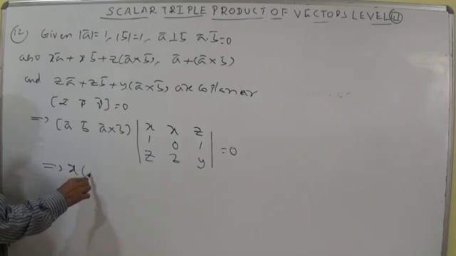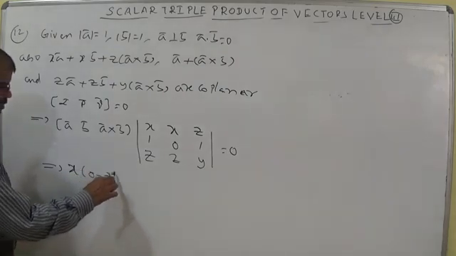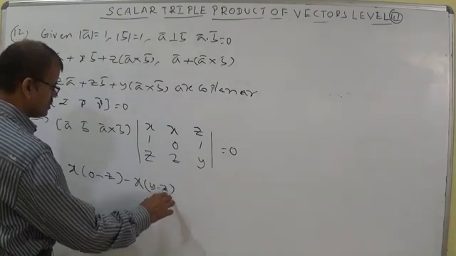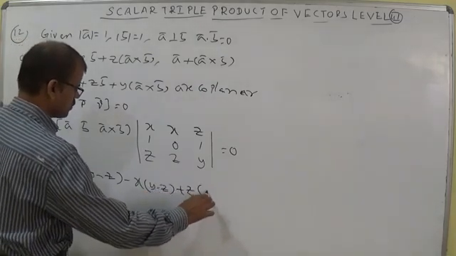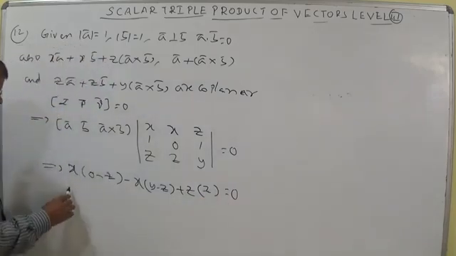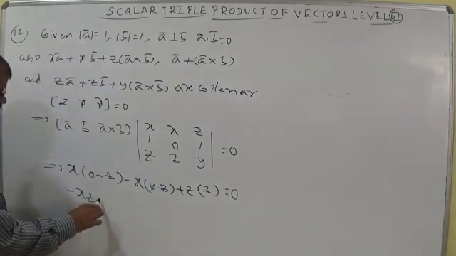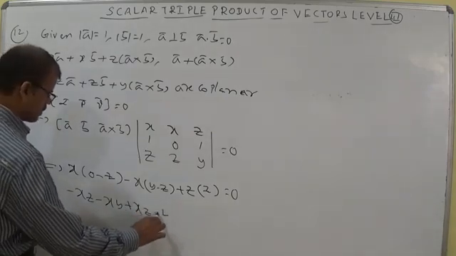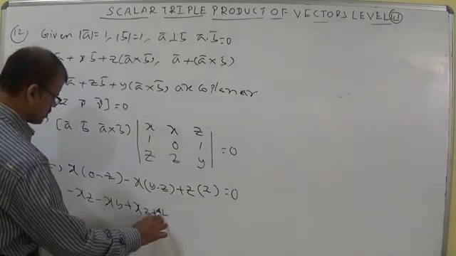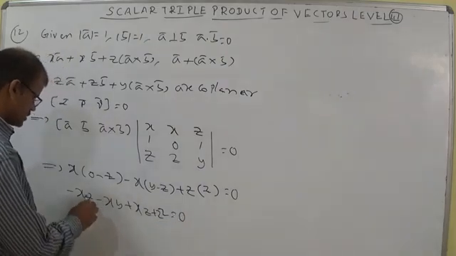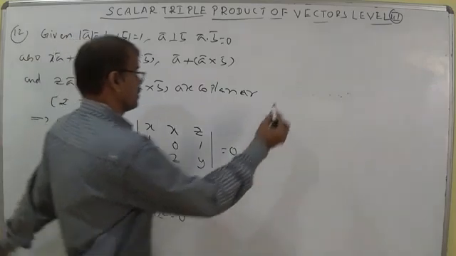So X into (0 minus Z), minus X into (Y minus Z), plus Z into Z equal to 0. Here you can write minus XZ, minus XY, plus XZ, plus Z square. Minus XZ plus XZ get cancelled.